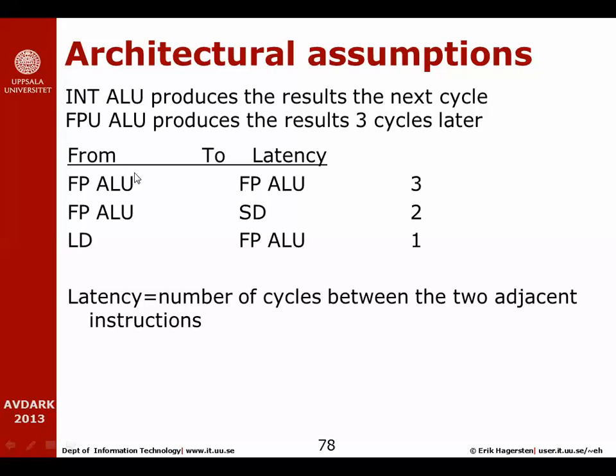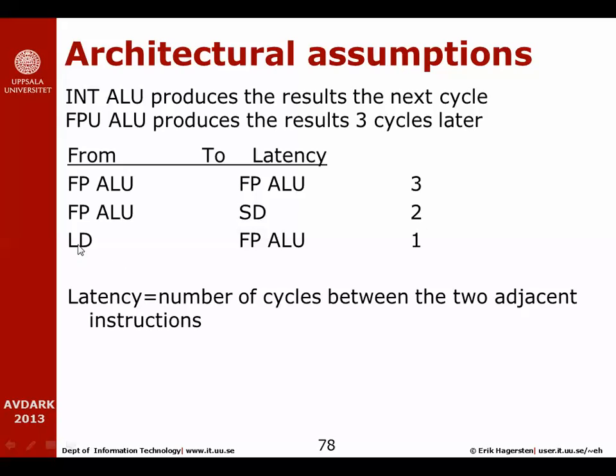More specifically, the restrictions are that from the time we finish one ALU operation until the following ALU operation can use our input, there has to be a latency of 3 cycles. From the time we produce a floating point result from the ALU until we can do a store data out to the memory, there has to be a latency of 2 cycles.